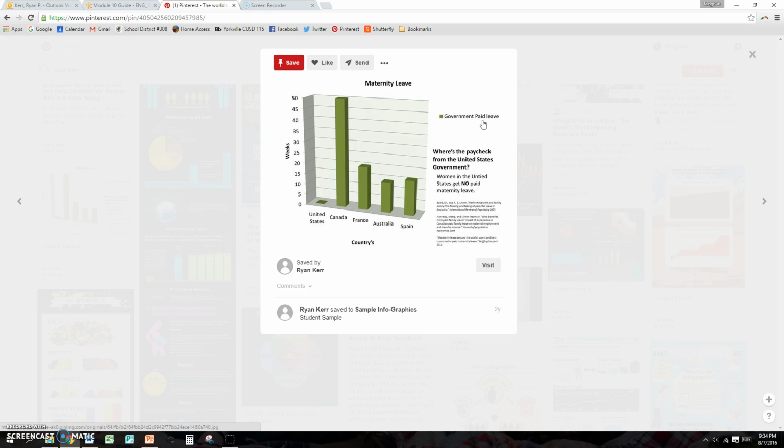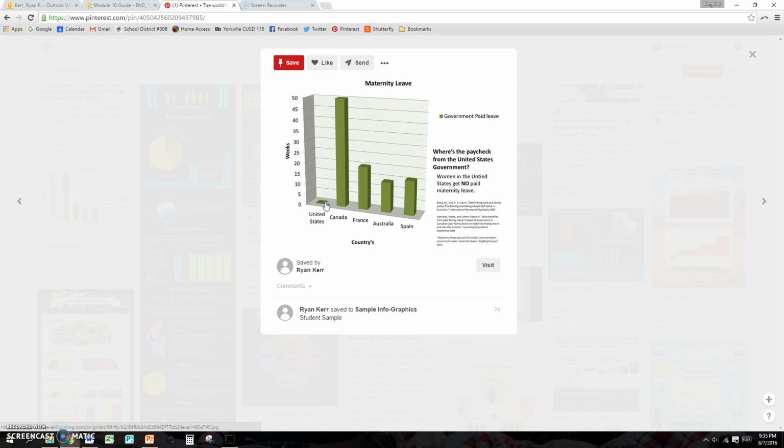The government pays people who just had a child this many weeks away from work to start raising the child. In Canada, 50 weeks, almost a full year, paid by the government. France, a little bit under 20. Australia, about 12, a little under 15. Spain is at 15. The United States is a flat square. That's because it's a grand total of 0. So the government does not pay for any maternity leave in this country.